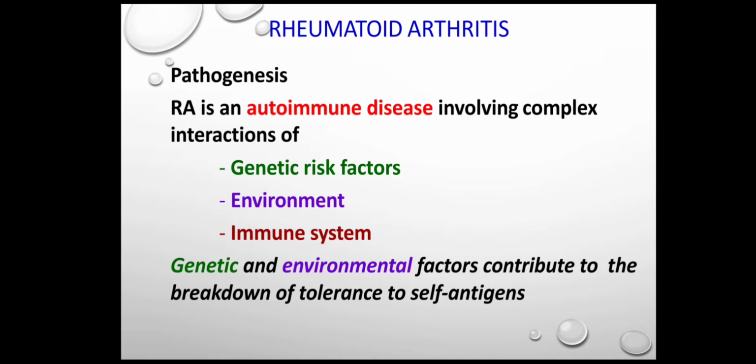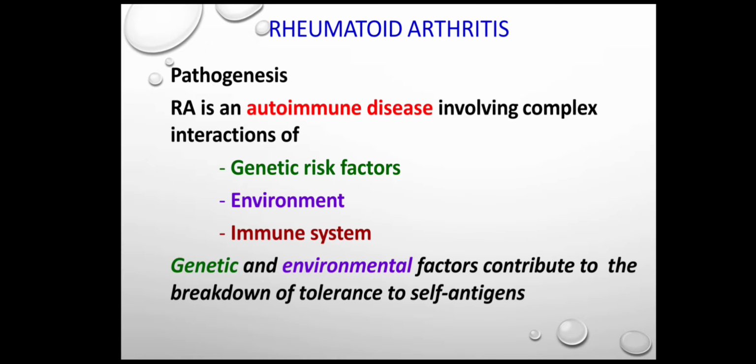Coming to the pathogenesis, as it is an autoimmune disorder, it involves a complex interaction of genetic factors, environmental factors, and the immune system. So for genetic factors, 50% of the risk is related to inherited genetic susceptibility like HLA-DRB1 and the PTPN22 gene.